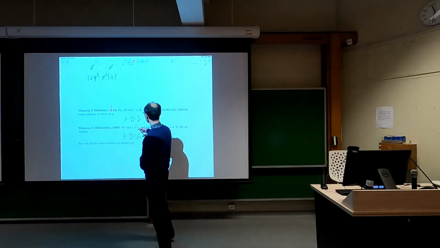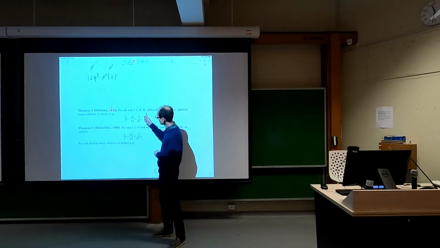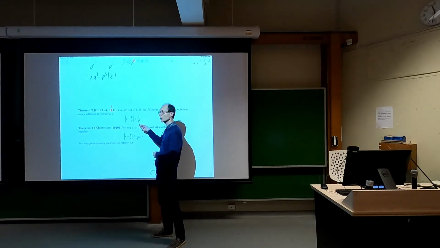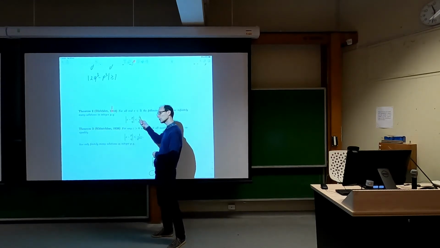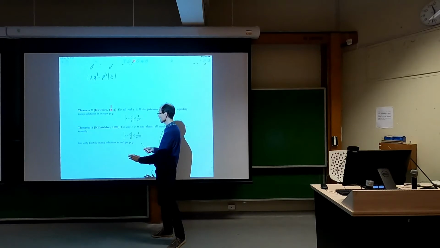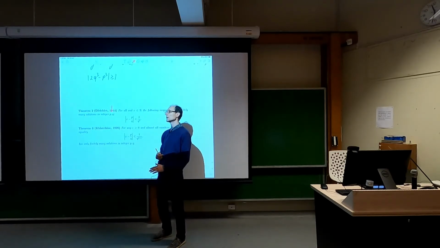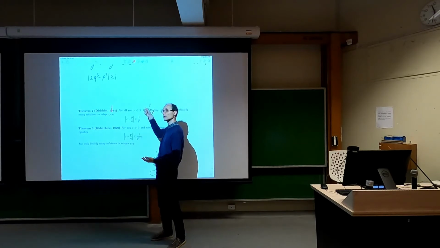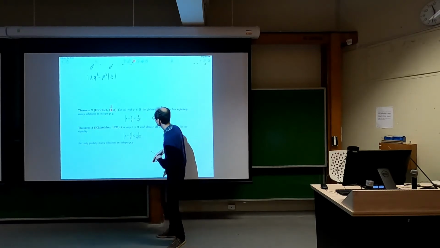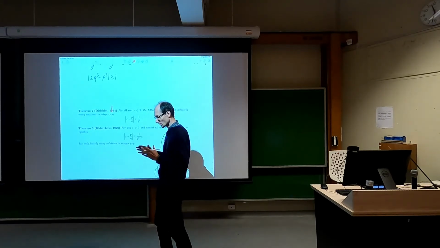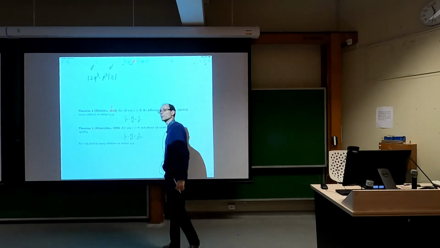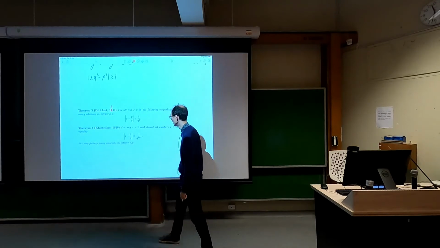So he showed that for any real number x, one can find infinitely many rationals p over q such that this difference is smaller than 1 over q squared. So at least 1 over q squared we can always guarantee. But of course 1 over q cubed is much smaller than 1 over q squared. So we still need to provide much better rational approximations than in the Dirichlet theorem.